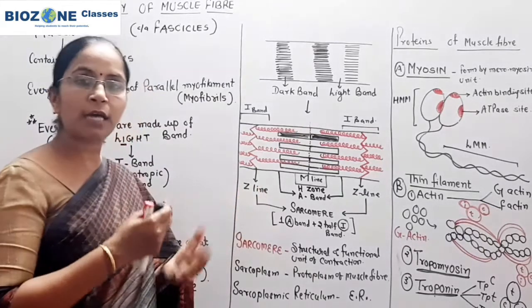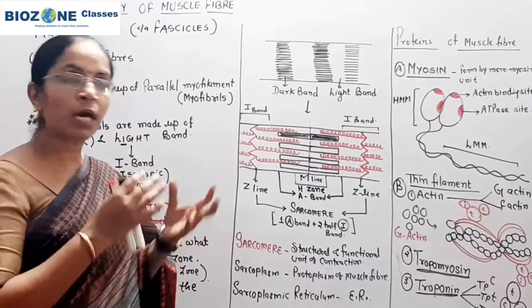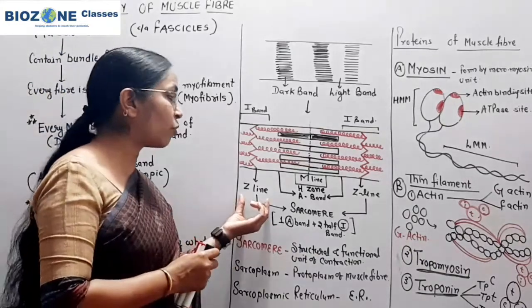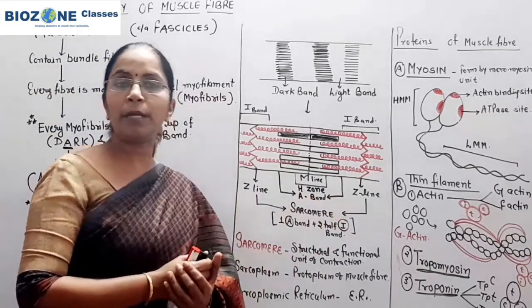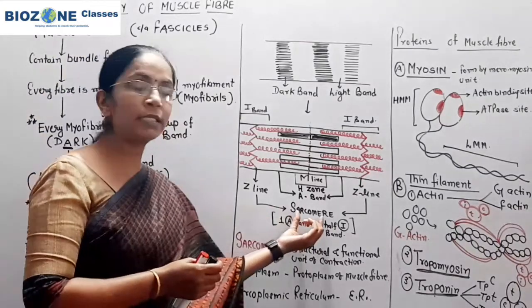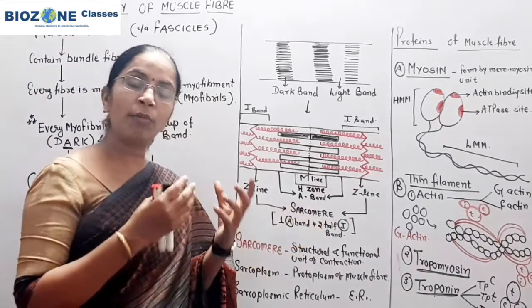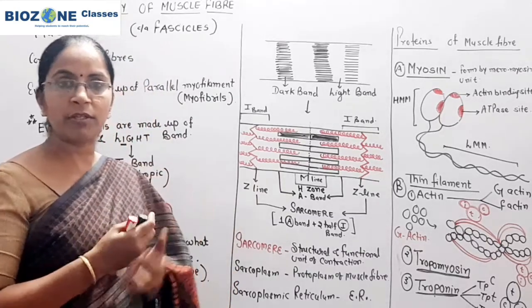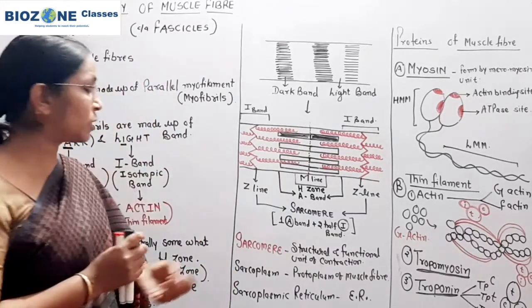Now what is sarcomere? Another question. Sarcomere, you remember, what is sarcomere? The area between two successive Z lines is called a sarcomere. And how much area does it cover? For that also a question is generally asked.